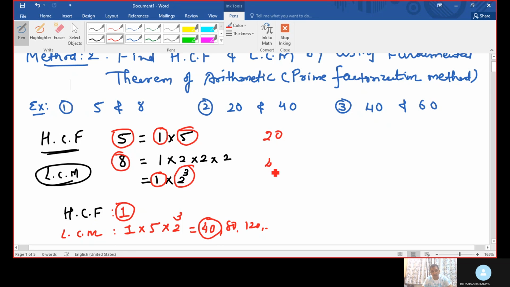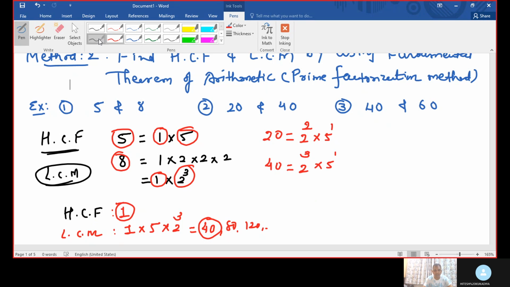Now the factors of 20: 2 raised to 2 into 5 raised to 1, 4 fives are 20. And 40: 2 raised to 3 into 5 raised to 1. Now write HCF and LCM. HCF, highest common factor.